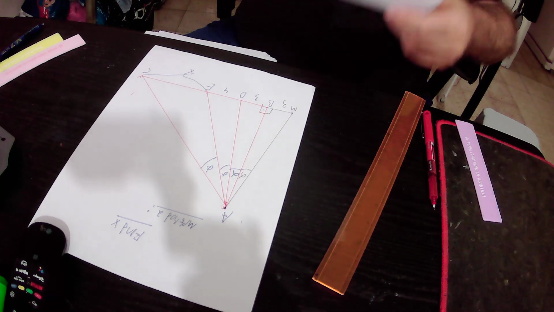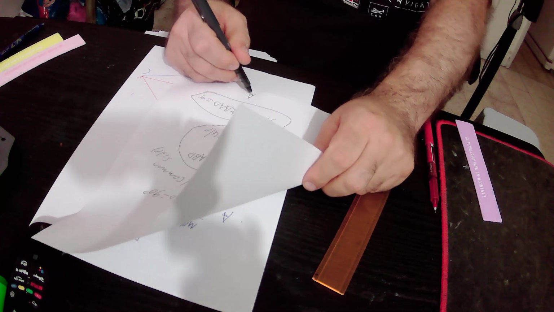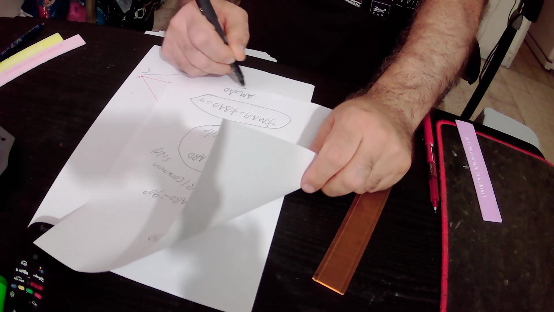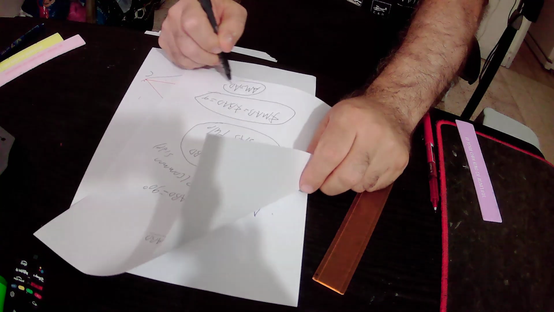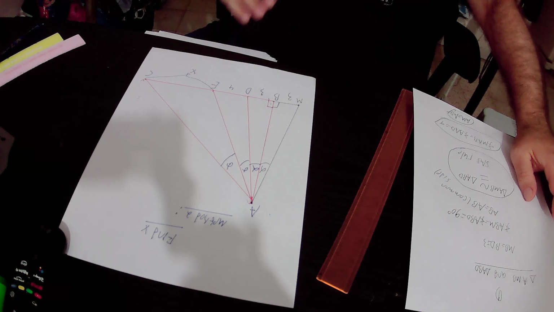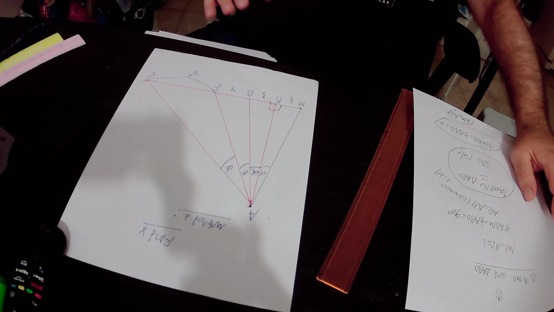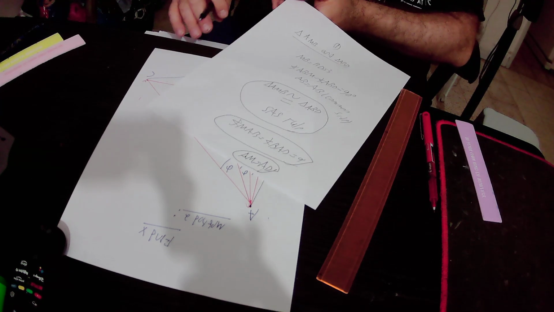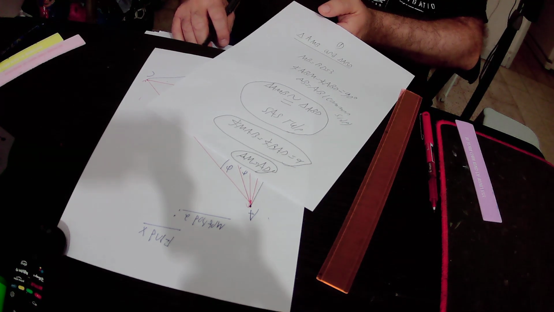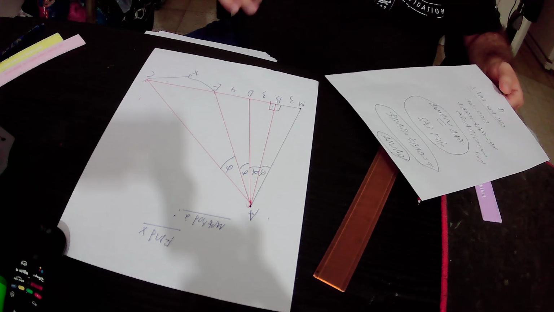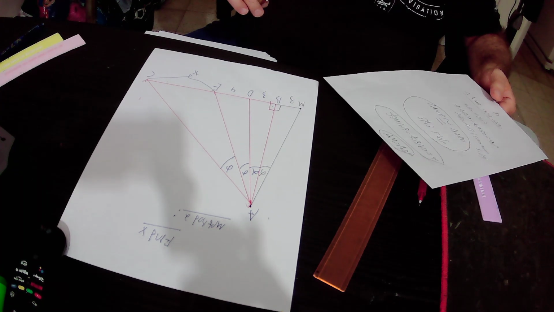AM equals AD, according to the rule that corresponding sides in congruent triangles are equal to each other. Again, AM equals AD, according to that rule.